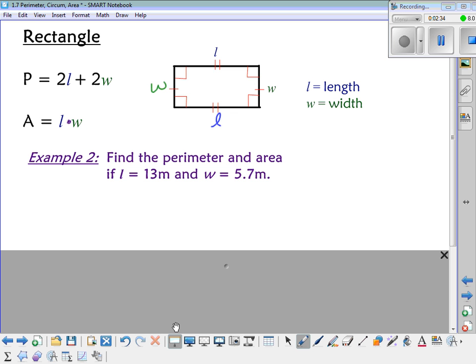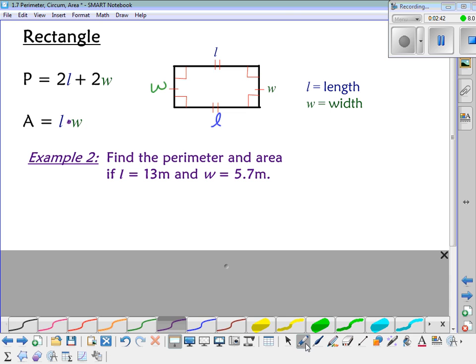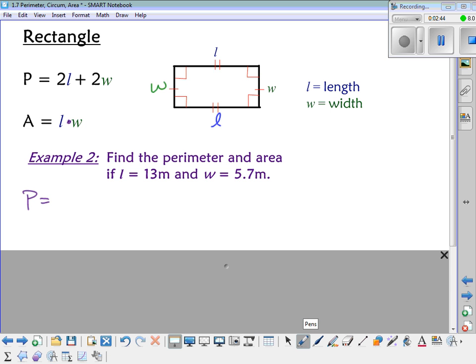So, for example, if I'm given a rectangle with a length of 13 and a width of 5.7, if I want to find the perimeter, I can just do 2 times the length, which we said was 13, plus 2 times the width of 5.7. So 2 times 13 is 26, and 2 times 5.7 is 11.4.